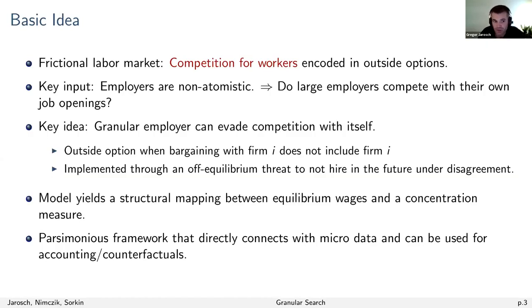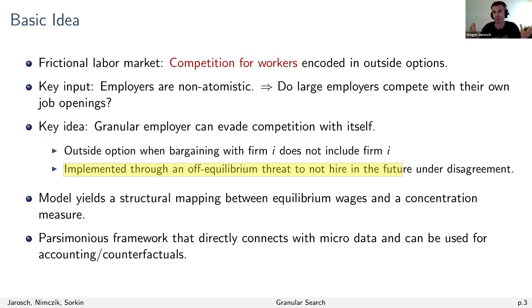How are we going to get this off the ground? Through a particular micro foundation, which I mentioned in the second bullet, which is going to be an off-equilibrium threat of that large employer to effectively close its door to a worker under a trade breakdown. That's how it's going to be modeled. But the basic notion is just that big players don't compete across the various jobs they hold.